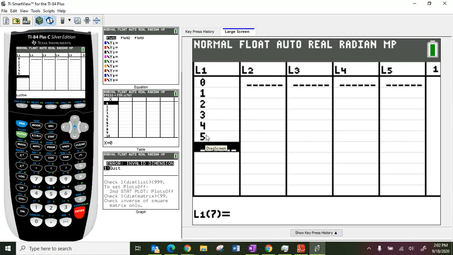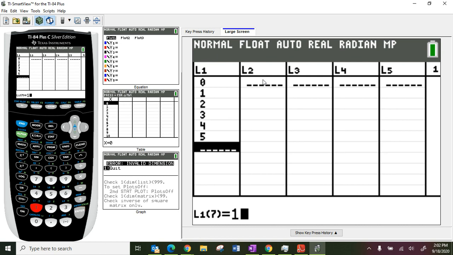Because it went up by ones, but if it had said 1989 and then 1999, then I would have put in 0 and then 10, and if the next one was 2009, it would be 20. So there's usually a pattern in the X values, not necessarily in the Y values.